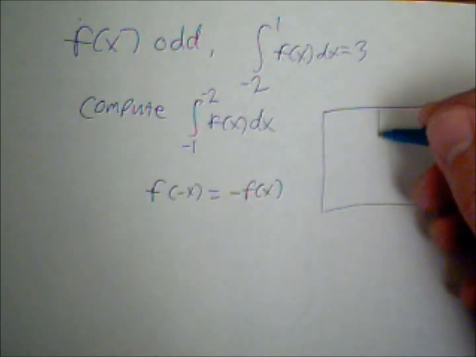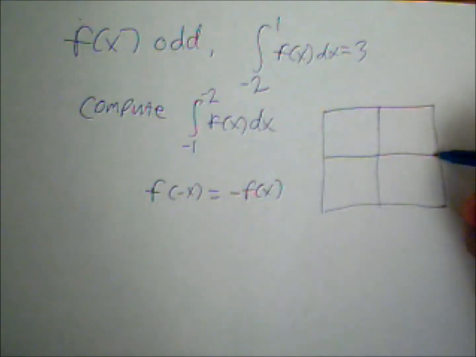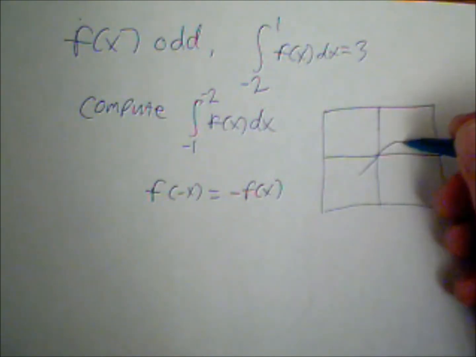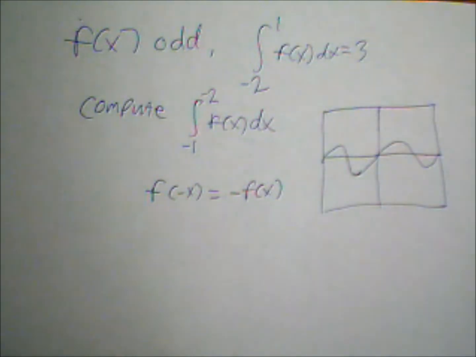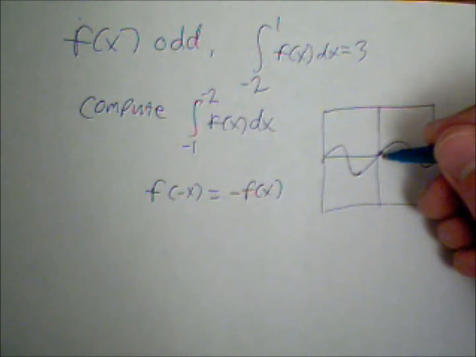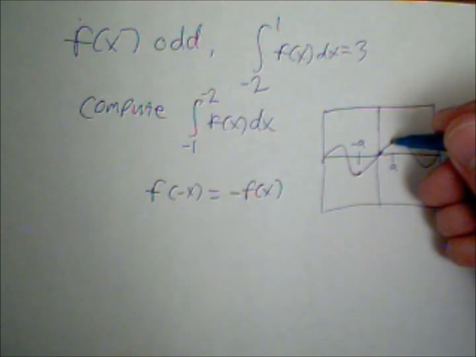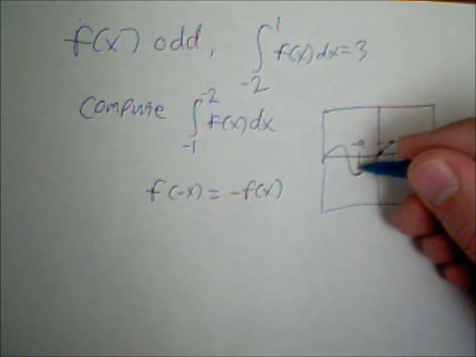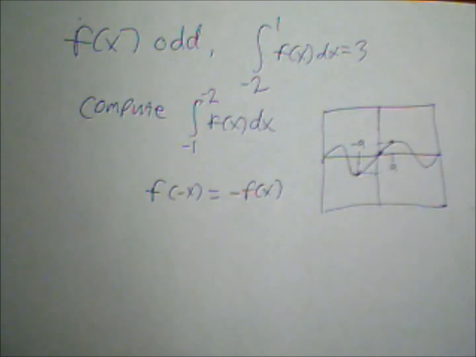So let's have, here's my y-axis and here's my x-axis. And it's just a sketch, but the idea is if I pick an a over here, I pick a -a over here, this is going to be exactly the negative value of this.